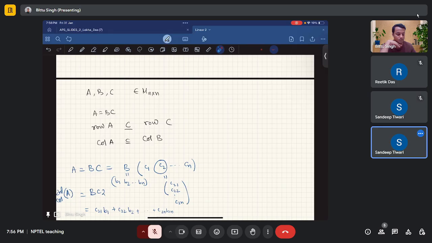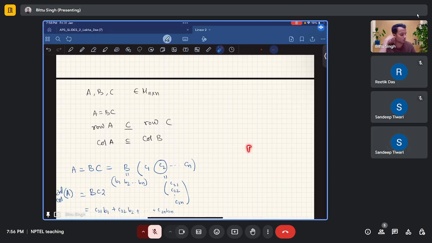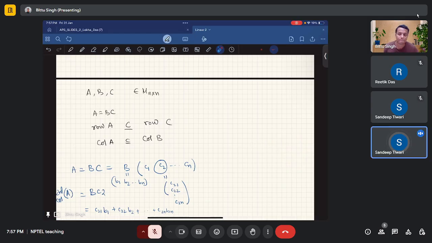So it will be row 1, row 2, up to row n of B, times C. Now check with any row, for example row 2, and multiply with that C. Okay, sir, thank you, sir.